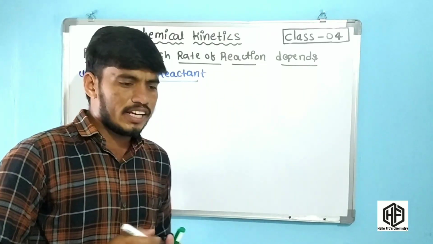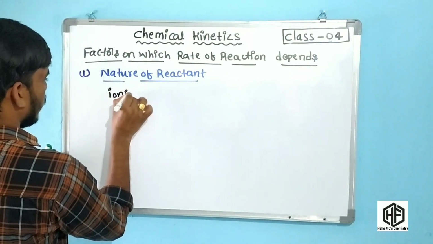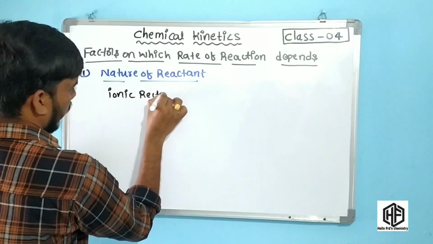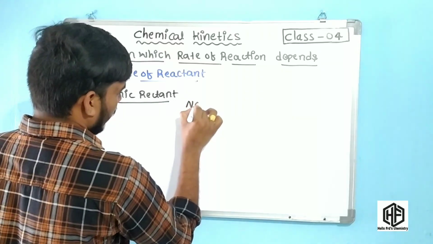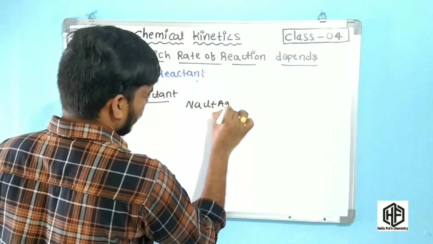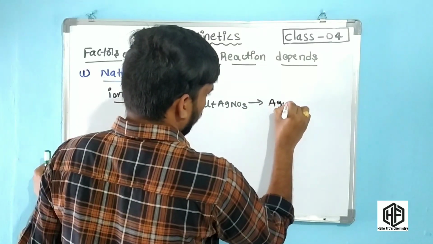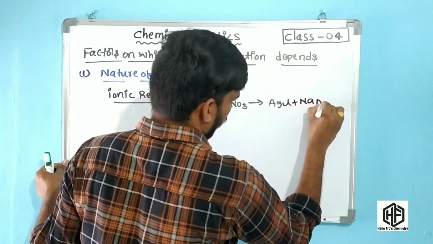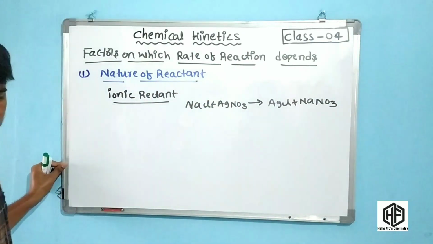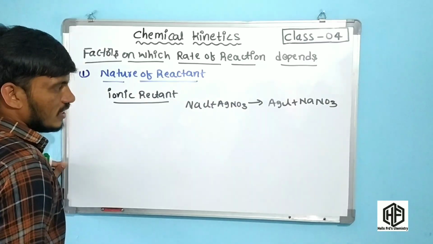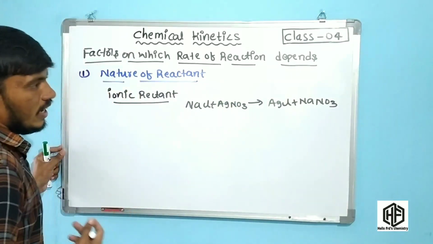Friends, you know that ionic reactants, for example, are NaCl plus AgNO3 gives AgCl plus NaNO3.